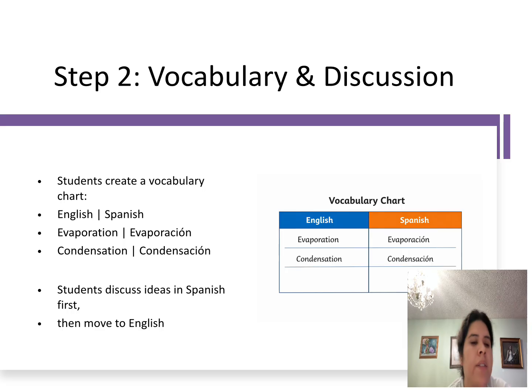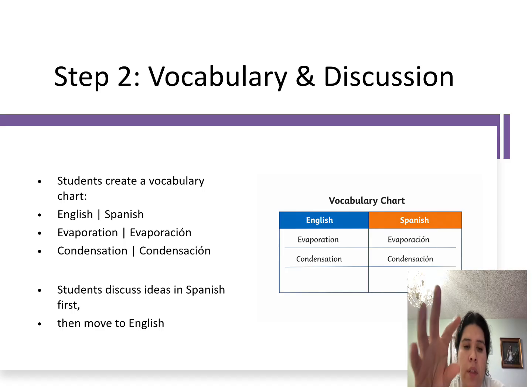So I'm asking the students here to create a vocabulary chart with English and Spanish. You guys will be working in pairs, and you're going to create a chart like this, and pronounce these words between two pairs of partners.